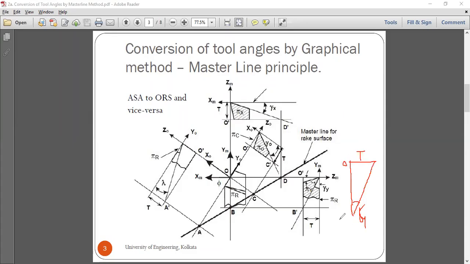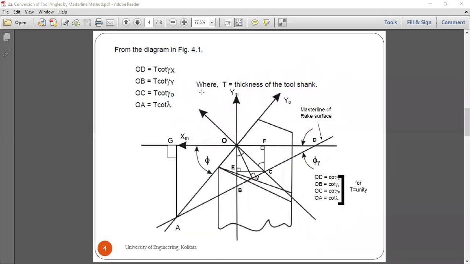I am writing OB instead of O dash B dash because O dash B dash and OB are equal. So similarly, we can write that OB equals T cot gamma y.